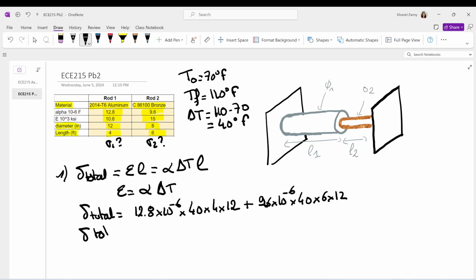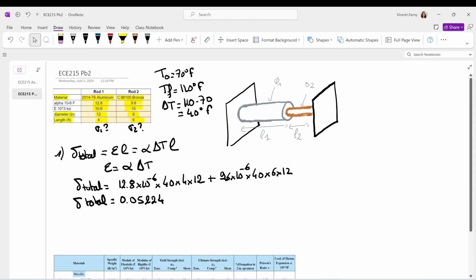So the delta total will be small. We get a delta total of 0.0524. So I know it's not expanding because it can't, but that's what it would expand if there was no wall. And we still need to find that value.